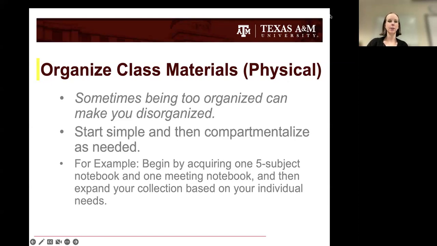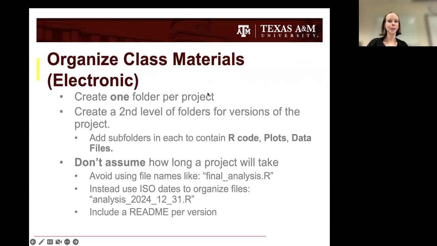But if you prefer to do electronic versions, these are some tips I actually learned from the library resource for the organization class I took that I have found really work. And it really helps, to be honest. So when you are on a computer, create one folder per project and then create a second folder.